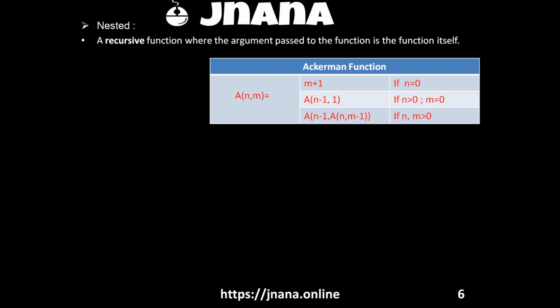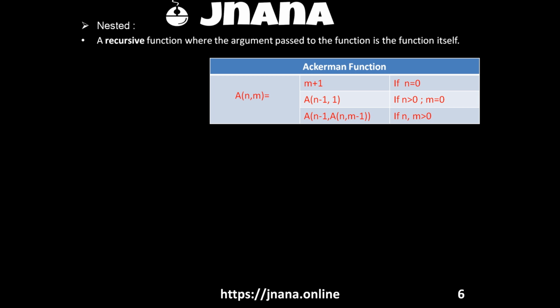A of n comma m is m plus 1 if n is equal to 0. A of n comma m is A of n minus 1 comma 1 if n is greater than 0 and m is equal to 0. And similarly, A of n comma m is A of n minus 1 comma A of n comma m minus 1 if n is greater than 0 and m is greater than 0.